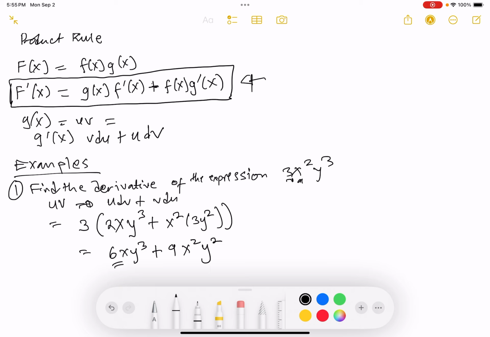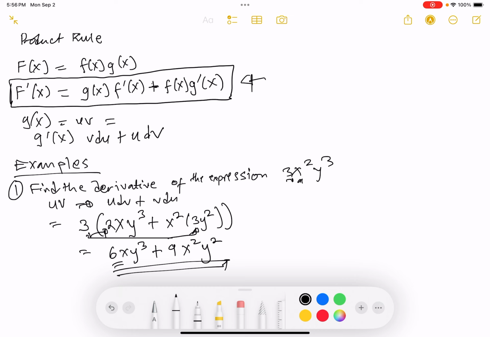You're getting 6 because you're bringing the 3 in. This 3 multiplies with everything on the inside, so when you get 3 times 2, you get 6. And then here you have 9 because 3 times 3 is 9. And then that is x squared and y squared. So you get this as your final derivative of that expression.